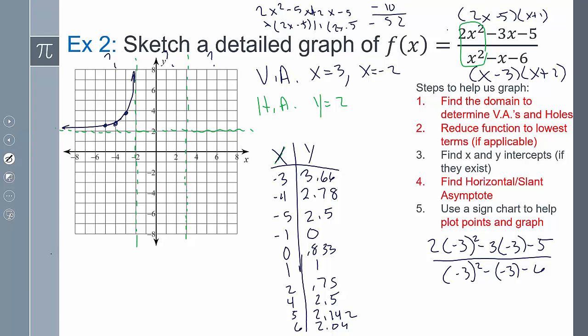Okay, so we sketch it. And then at -1, it's 0. At 0, it's 0.833. And then at 1, it is 1. And at 2, it is 0.75.